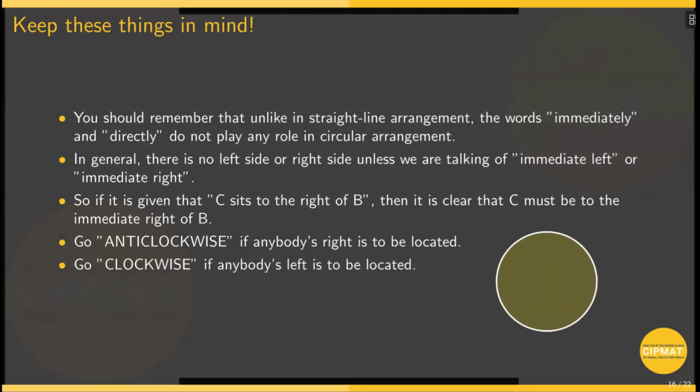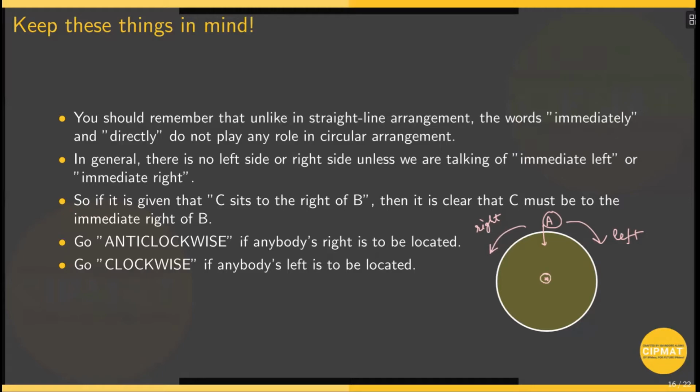Suppose a person A is sitting over here. If you go in the clockwise direction, then it is left. If you go in the anti-clockwise direction, then it is considered right. Or you can visualize it this way: A is facing the center of the table.